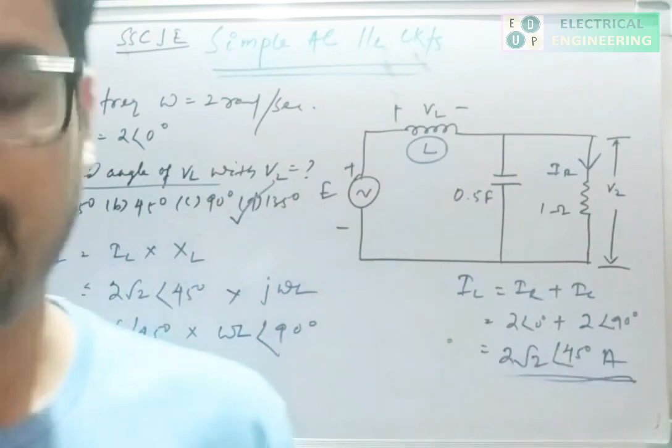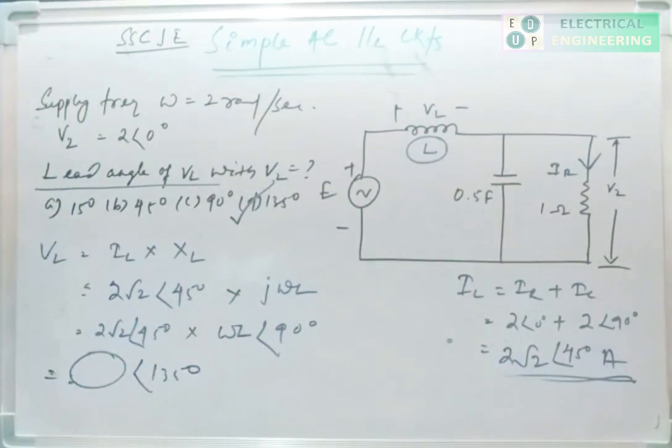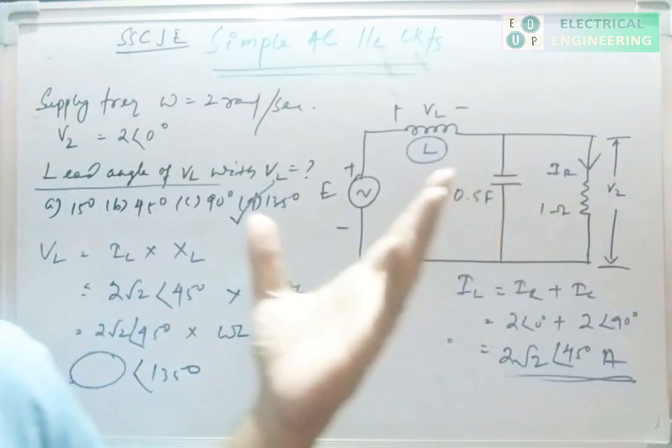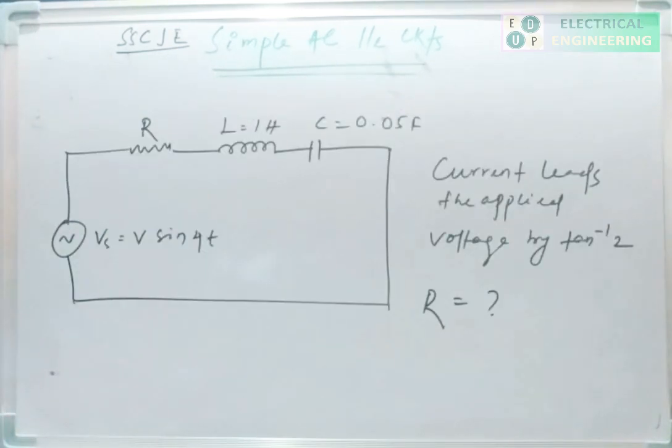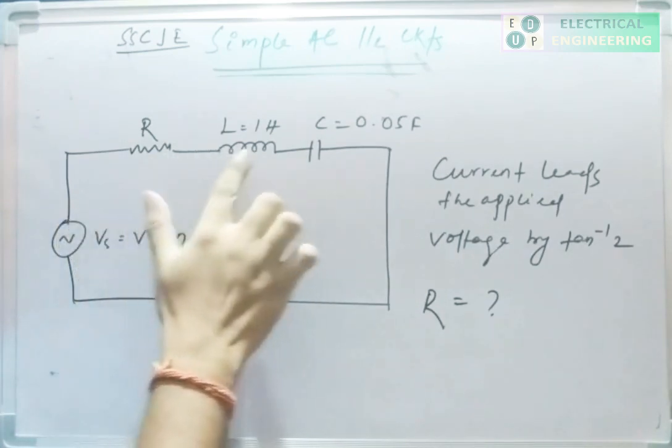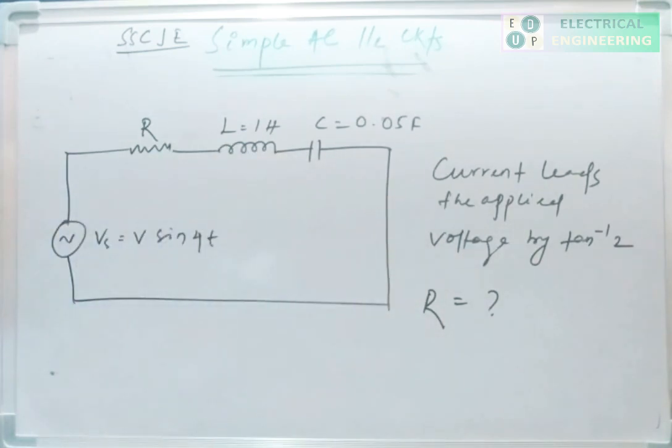Okay, so next I will give the homework question. Just note it down. This is your homework question. Resistance, inductance and capacitor are in series, an RLC series circuit.